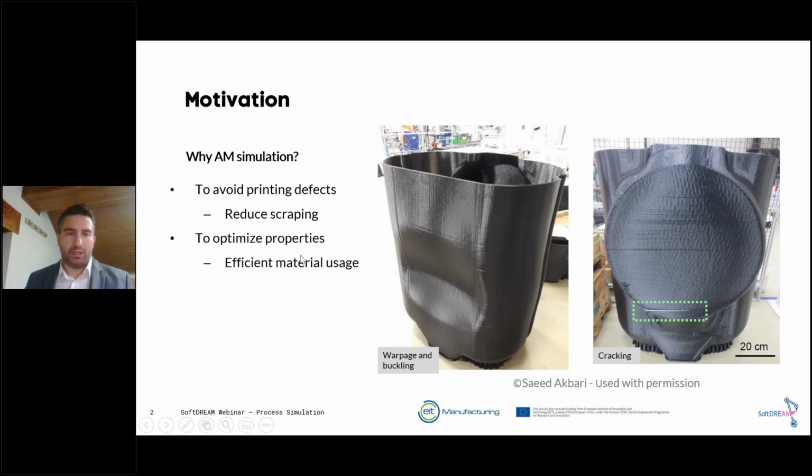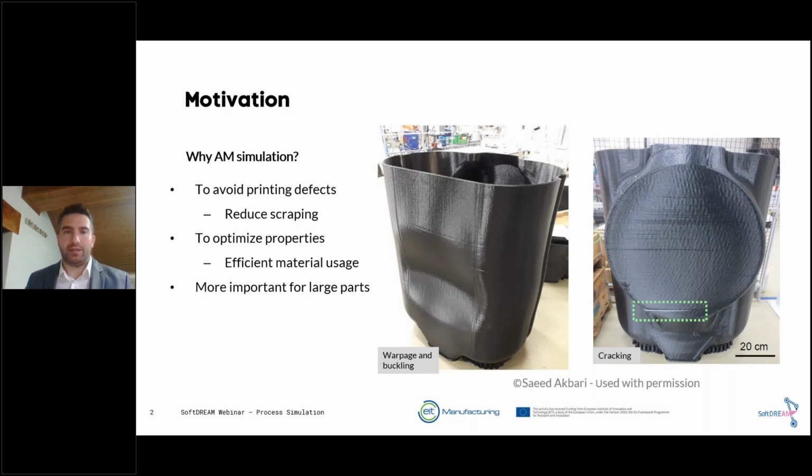Furthermore, simulation can also be used to optimize material properties and to have a more efficient material usage. We can basically simulate many different configurations and optimize the material where we need it the most. Finally, simulation is a more important tool for large parts.